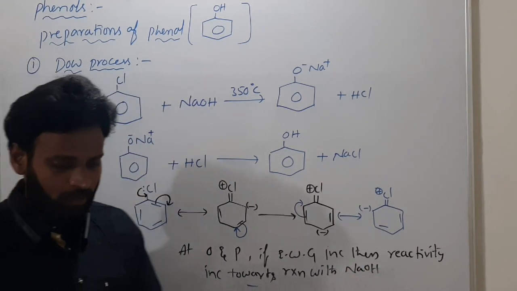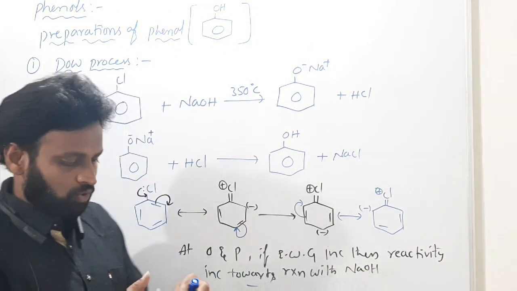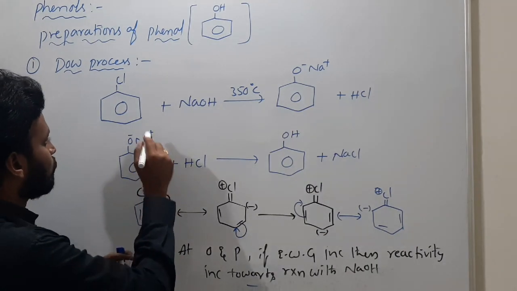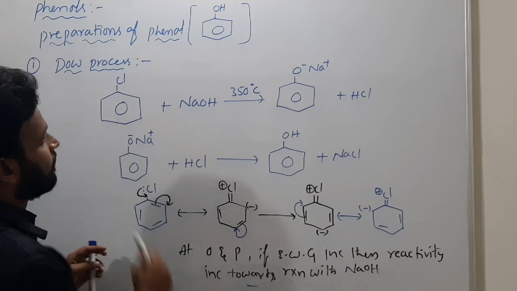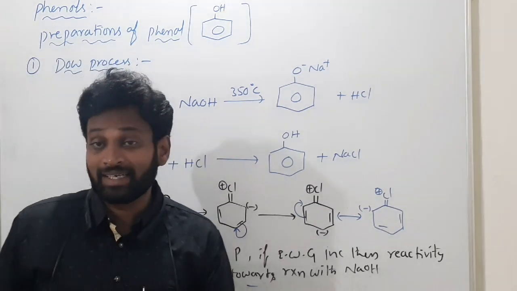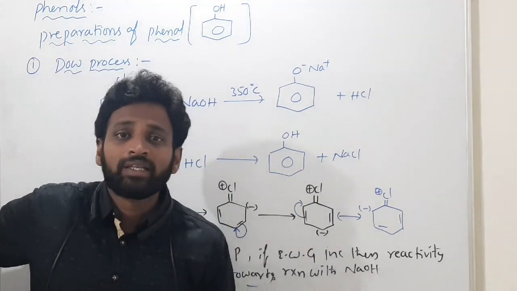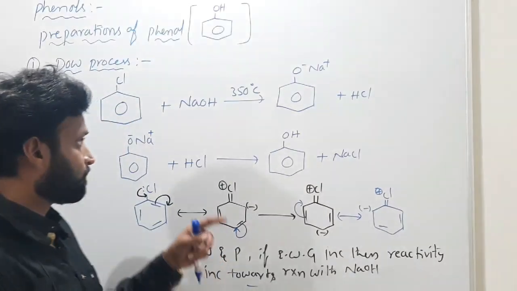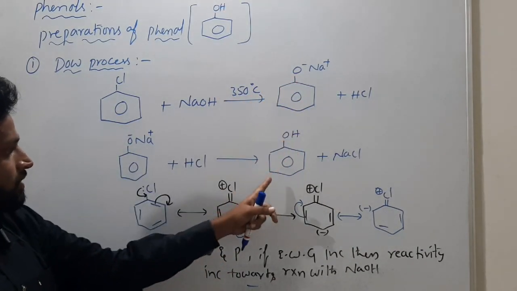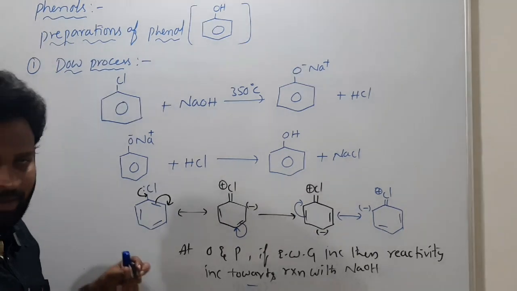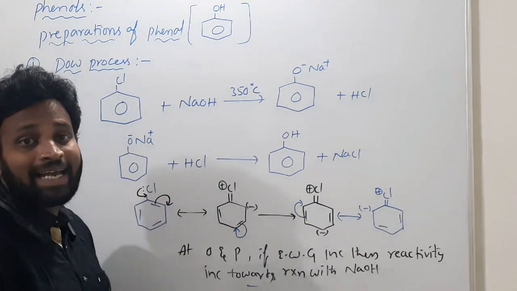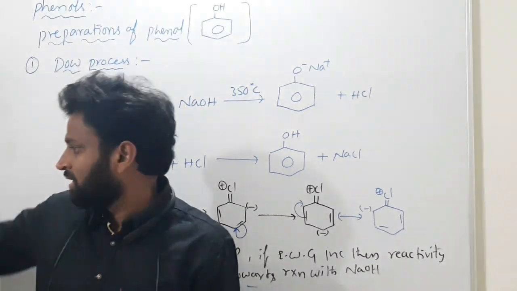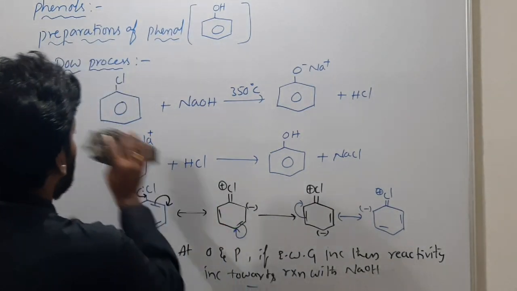So this is very important. You must know, I told you, if you have NO2 groups at the ortho and para, three positions, then you will get picric acid. Do you remember? So in that way you can more easily get sodium phenoxide and phenol. If electron withdrawing groups are at ortho and para, then reactivity increases. So these all are very important.